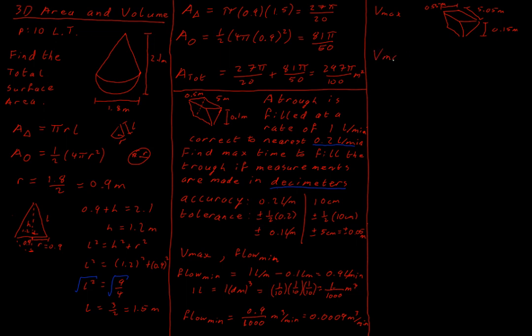Vmax is going to be a half the base by the height. Base we'll say is 0.55, by the height 0.15, by the length of our shape, 5.05. When we put that into our calculators, we get 0.2083 meters cubed. And we go to 4 decimal places in the middle of a question like this. And at the end, if we're not asked anything, we'll go to 2.